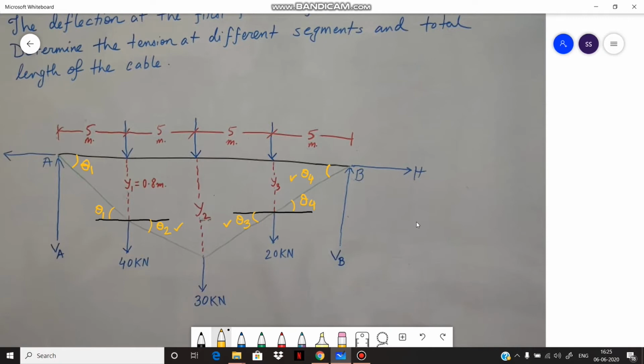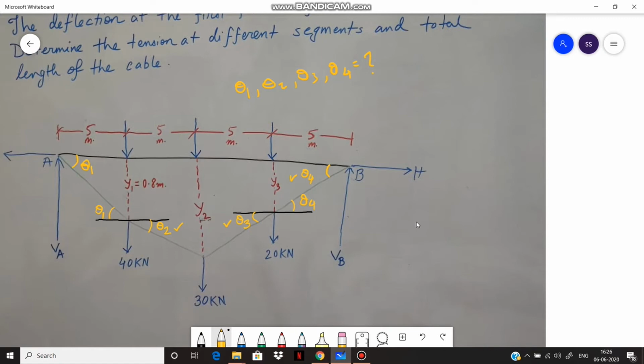Now we have to calculate the values of theta 1, theta 2, theta 3 and theta 4.